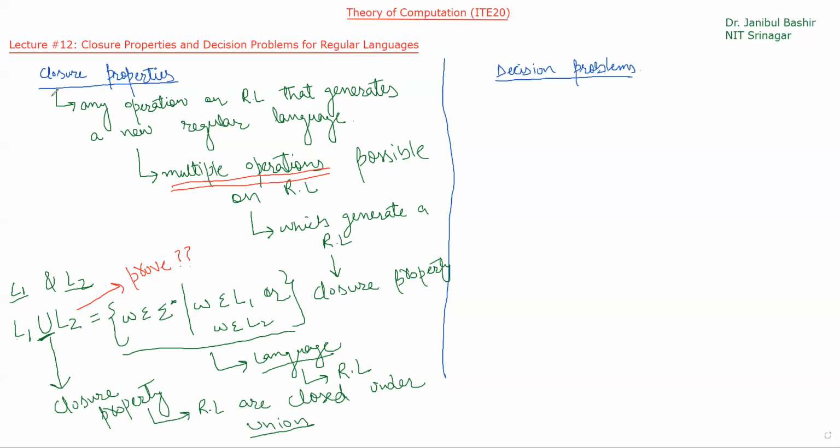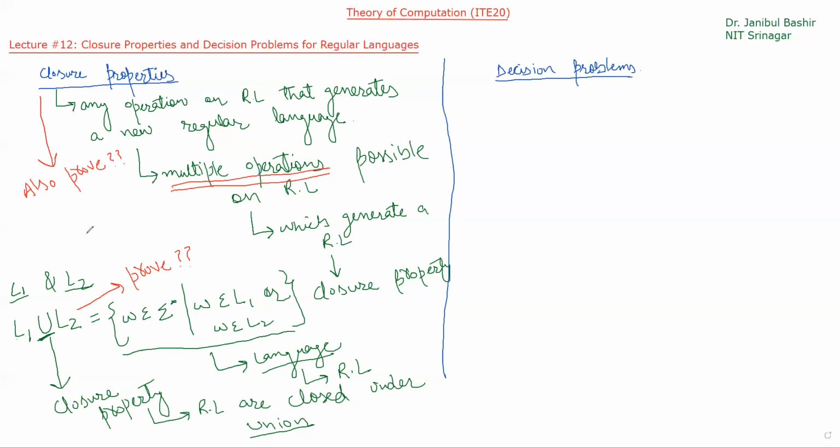So not only will we discuss the closure properties, but we will also prove those particular properties, whether that particular property is a closure property or not. Which operation will not be a closure property?